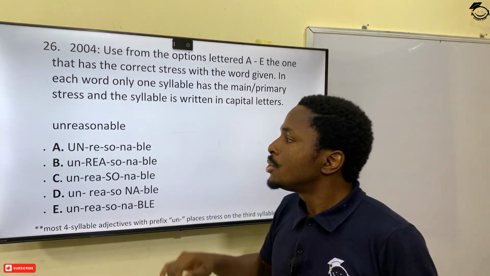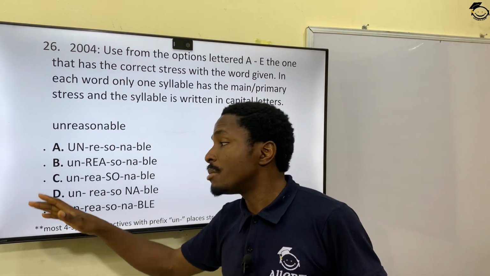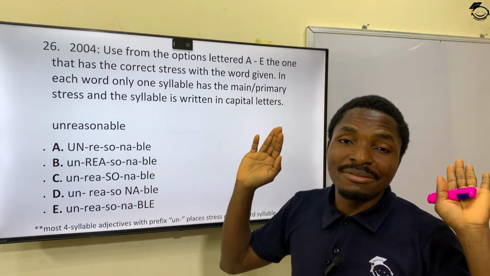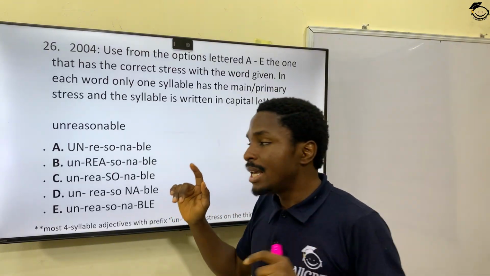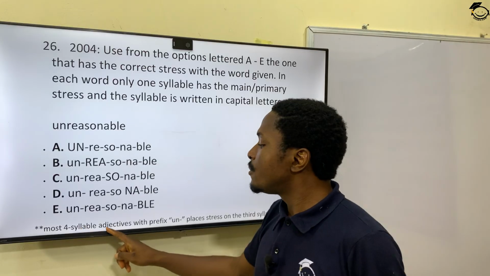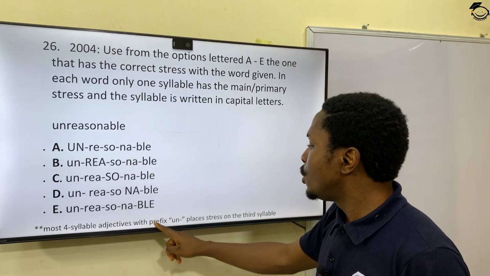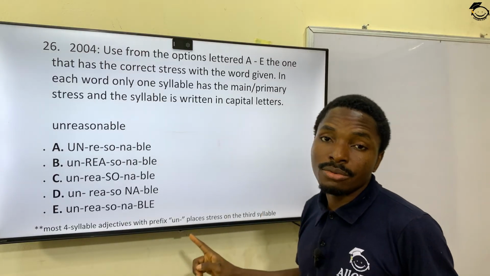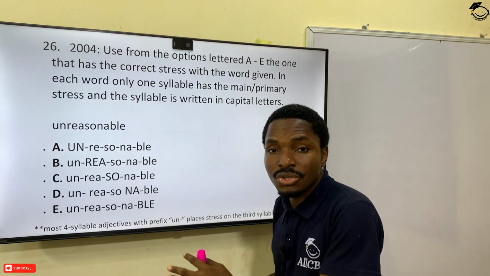That's the first thing. Two, there are rules to some of these things. Once you know the rule, you don't even need to bother yourself as to where the stress is. In this particular case, I put the rule here for you. I said most four-syllabic adjectives with prefix un place stress on the third syllable. So this one, you don't even need to stress yourself.